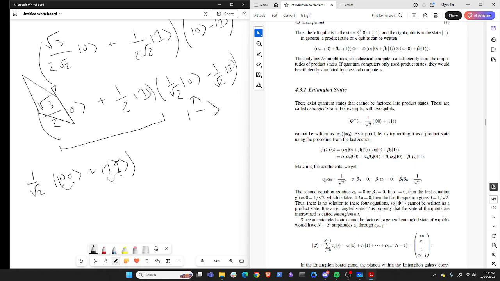Then how can alpha sub 1, which would be 0 here, multiplied by alpha sub 0 equal this number? It would be 0. And if we set beta sub 0 to being 0, then this equation doesn't make any sense. We can't solve. So there's no solution when we try to factor these states. So this is entangled.